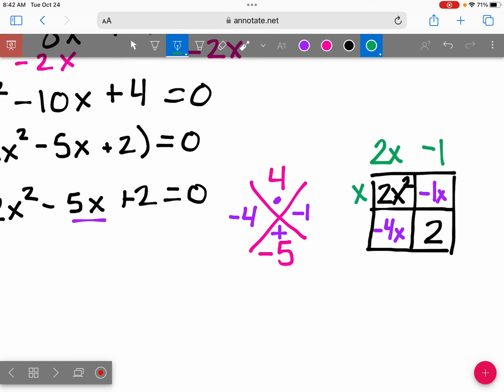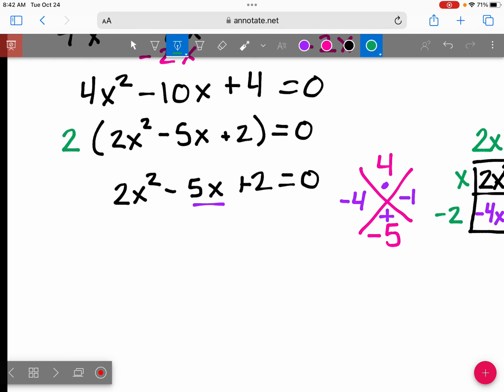Just an x. And my bottom row, minus 4x and 2? Negative 2. So our factored form here is 2x minus 1 and x minus 2. Like I said, this is the hardest one.